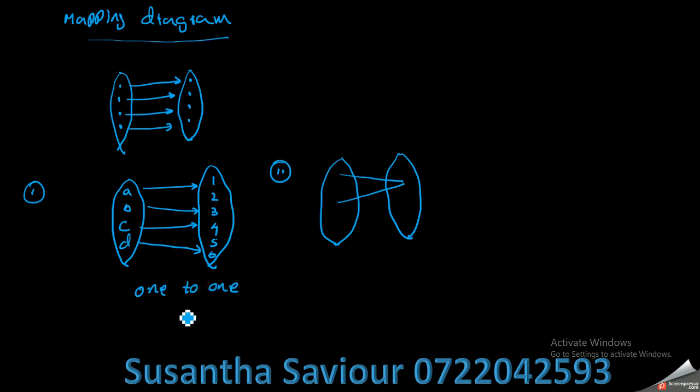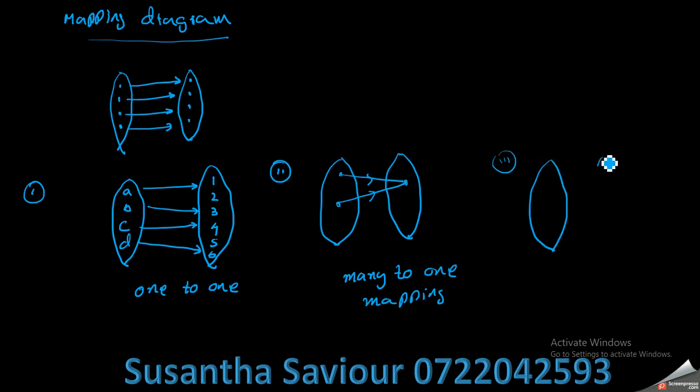And in this example, many elements go to 1. This is called a many to one mapping. And then take another. Understanding many to one is very important in future. Try to draw things of your own and then try to understand it more.